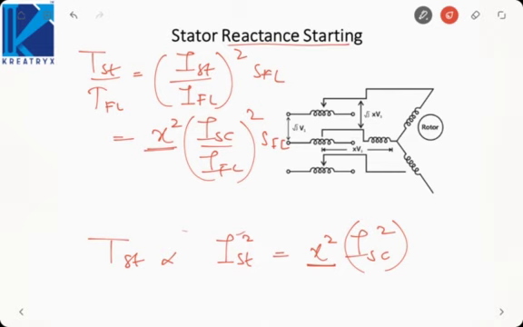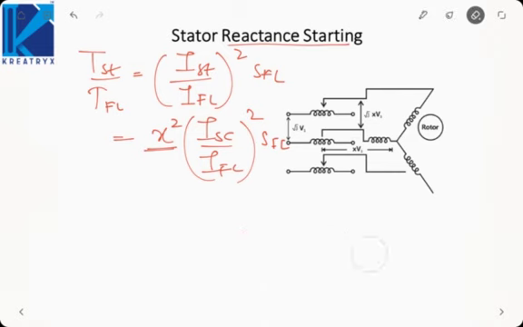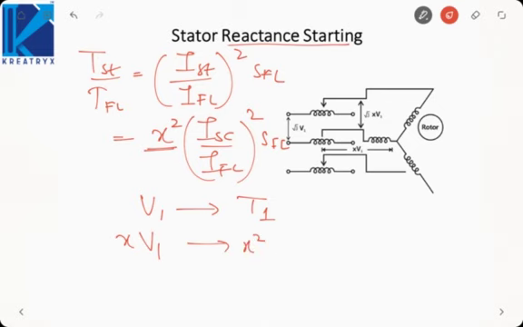So here we have reduced the starting current, but the torque has also reduced significantly. When we apply a voltage V1, the torque will be, let us say, T1. When we apply x V1, it becomes x square T1. So torque with direct online upon torque with reactance is 1 by x square.